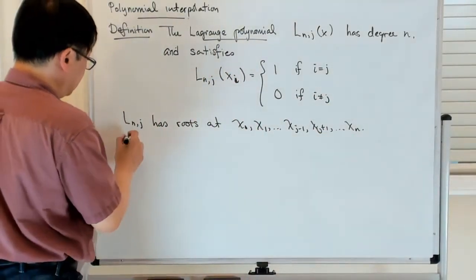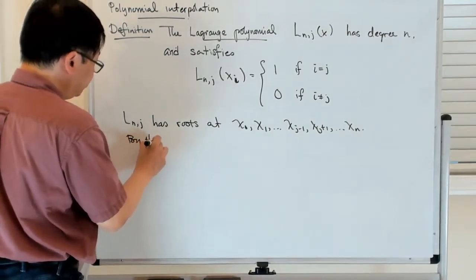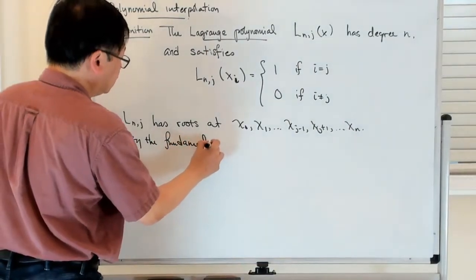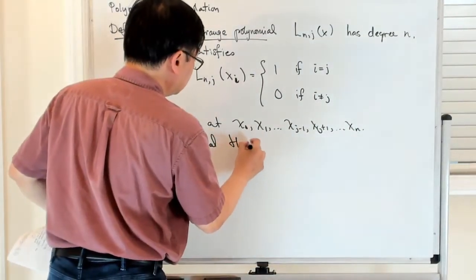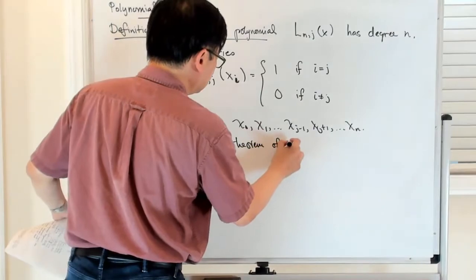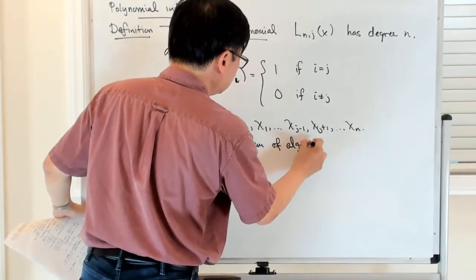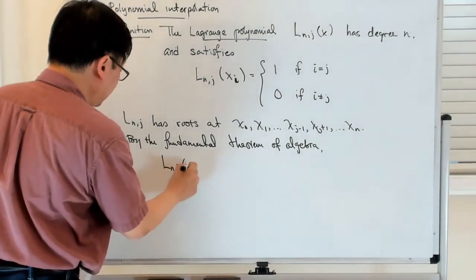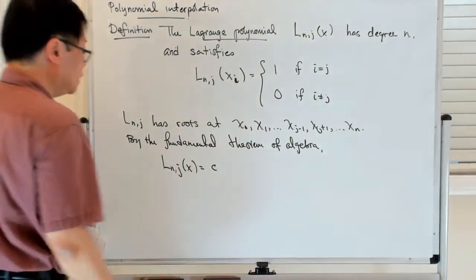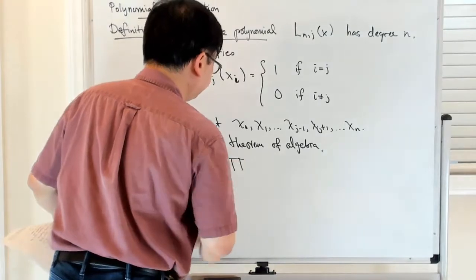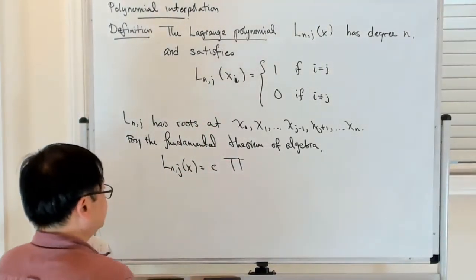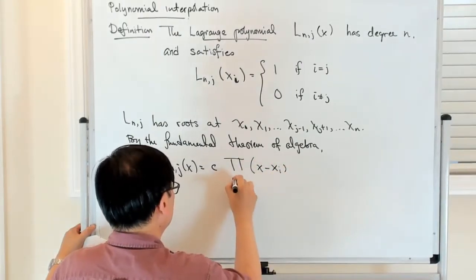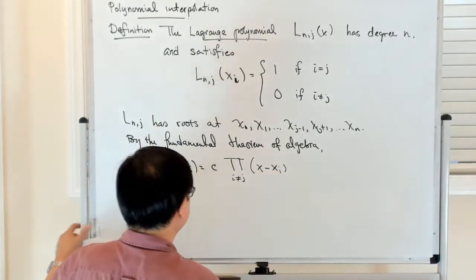Then by the fundamental theorem of algebra, it has to be that Lnj of x is some constant c times the product of linear factors x minus xi for i not equal to j.